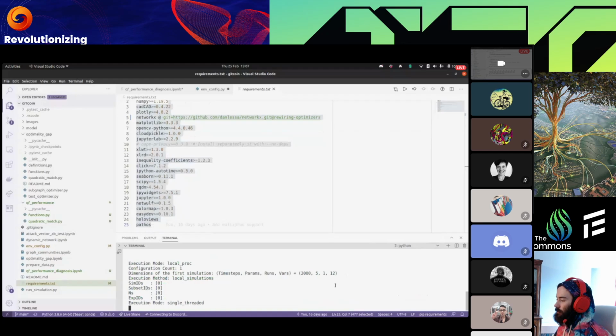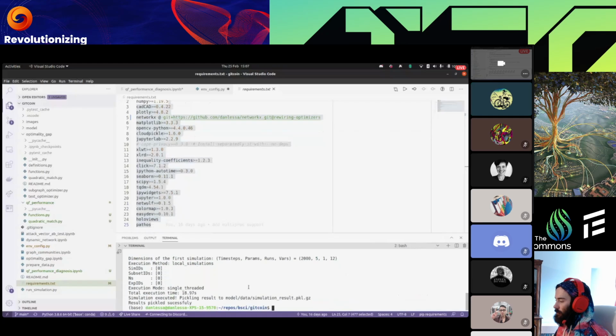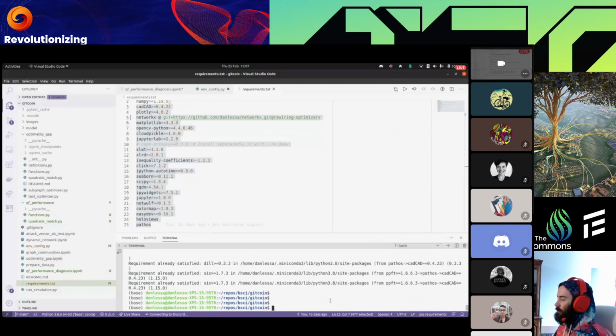Let's see now. Yeah, 20 seconds. So before it was 2 seconds, now it's 19 seconds. So it's not being linear. Most probably this is due to the deep copy.